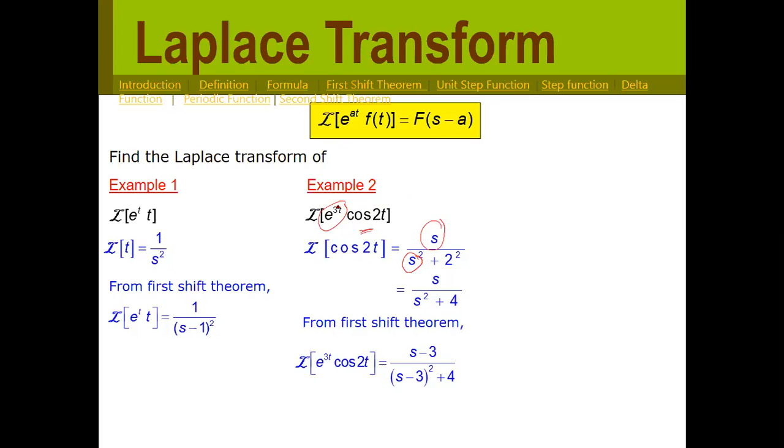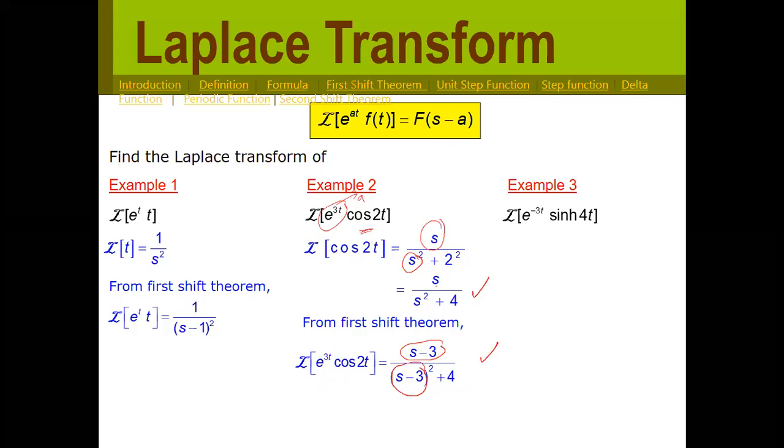Kenapa s tolak 3? Sebab a dia adalah 3. So bila a is 3, so Fs tolak 3. So di setiap s menjadi s tolak 3. Ini asalnya kalau Laplace cos 2t adalah ini saja. Tapi sebab dia didarab dengan eksponen berlaku first shift, jadi di setiap s menjadi s tolak 3. Boleh?